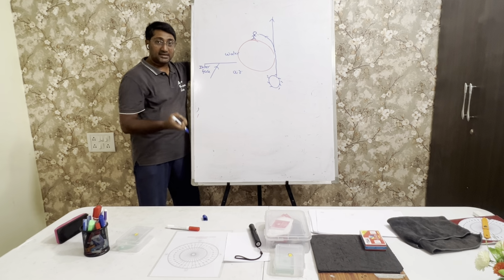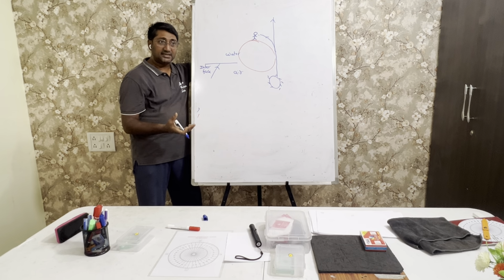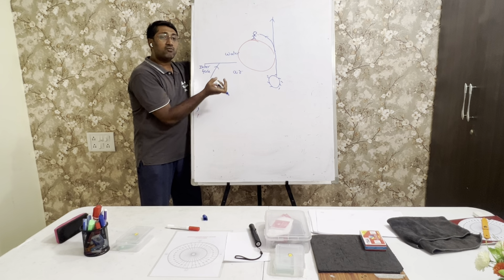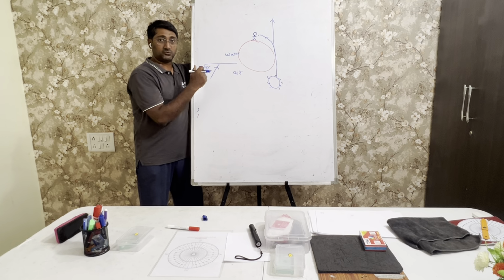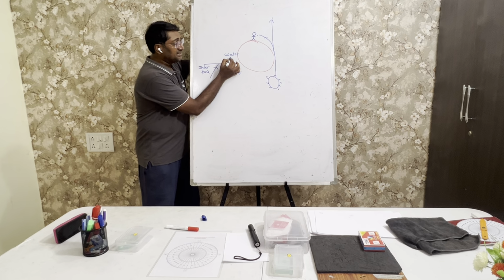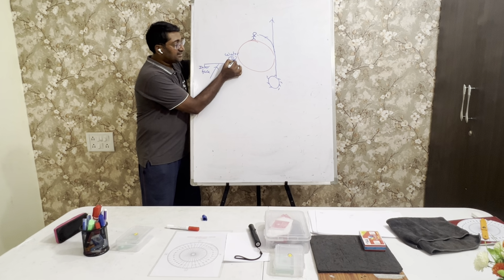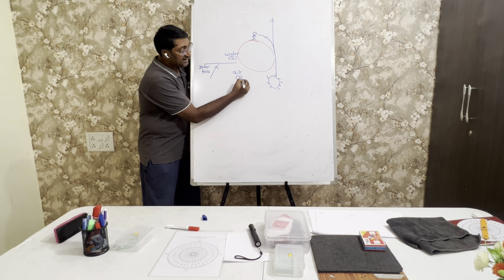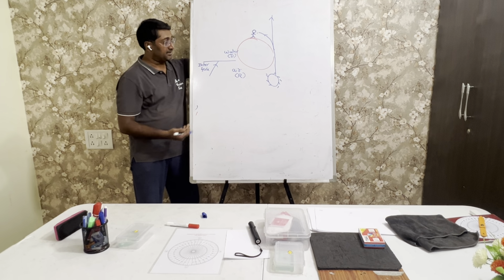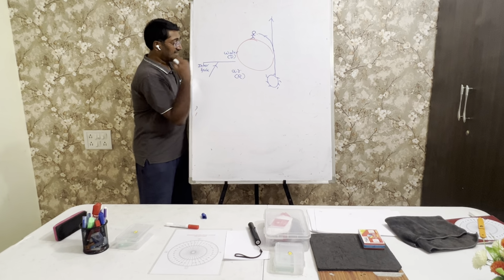Water is optically denser. When we say optically denser, the molecules of water are closely packed and these can allow light to pass through. That's what optical density is. Since it is denser, I am putting the letter D over here, and since this one is lighter, I am calling it the rarer medium. This is the denser medium, this is the rarer medium.